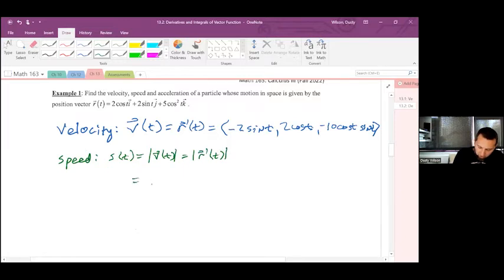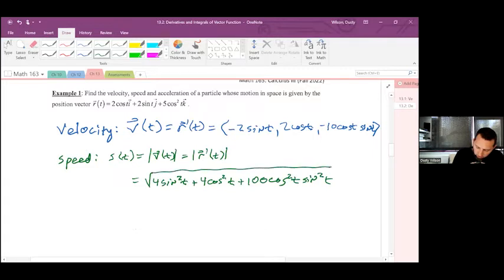This would be the square root of 4 sine squared t plus 4 cosine squared t plus 100 cosine squared t sine squared t, all under the radical, which I think simplifies.